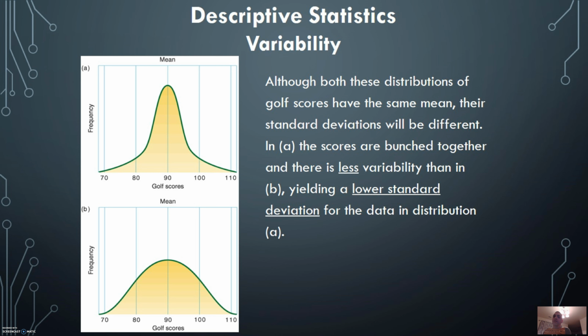So in the case of A, the scores are bunched together, so there's less variability than in B, where there's more variability or more spread around the distribution.